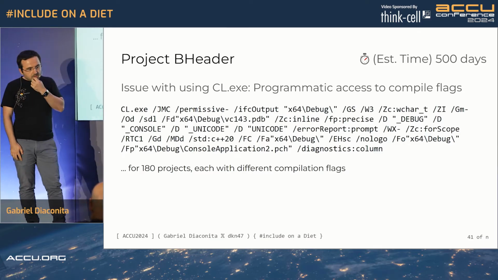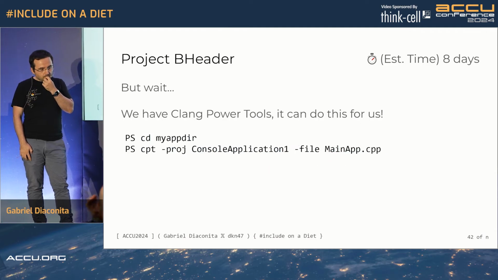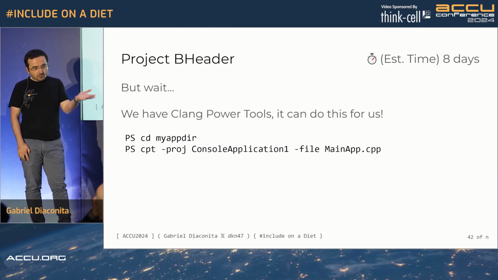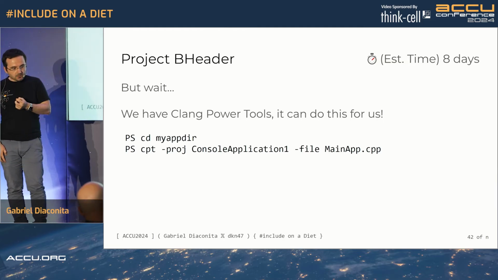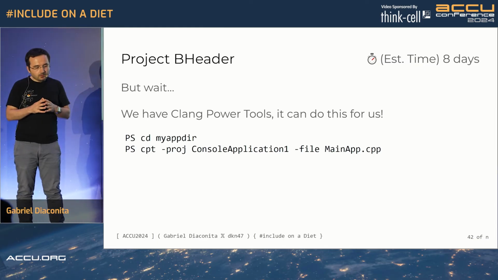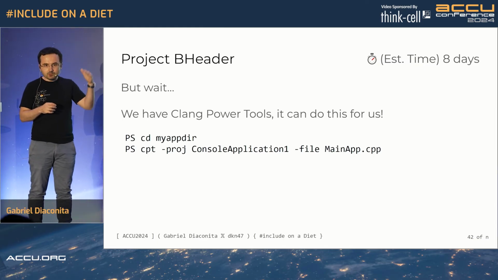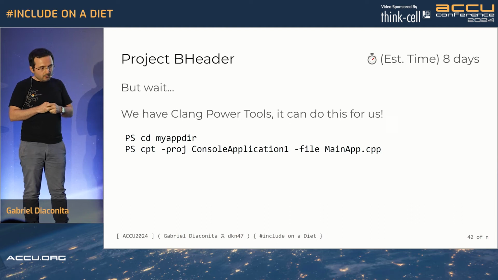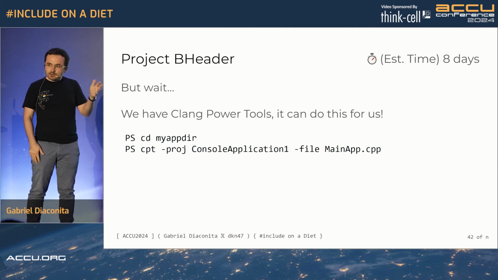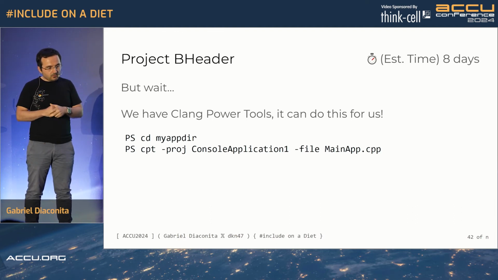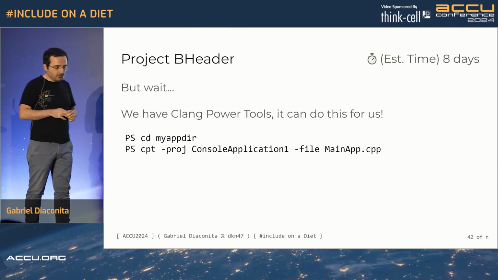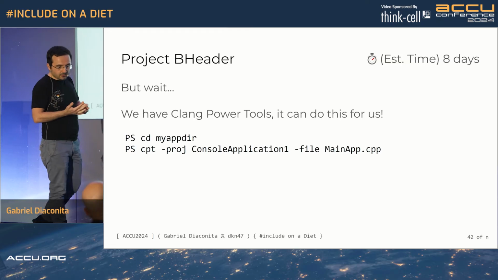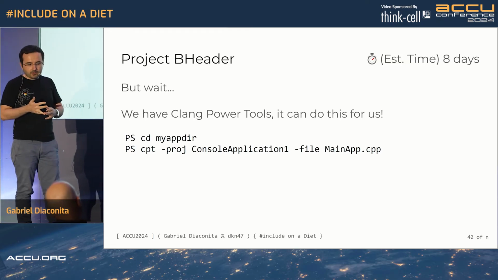So this was an issue for us, to which Clang Power Tools itself was our solution. It was able to fix this for us because it's usable mainly from the Visual Studio IDE, but also from the command line. You can invoke it if you have an alias in PowerShell for Clang Power Tools. You can invoke it as CPT, give it the project name and the file that you want to compile.